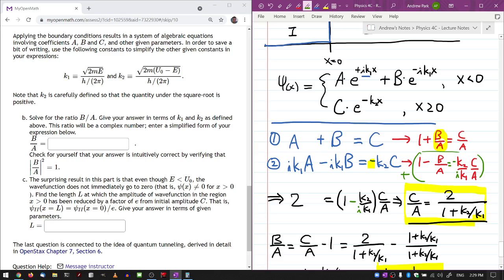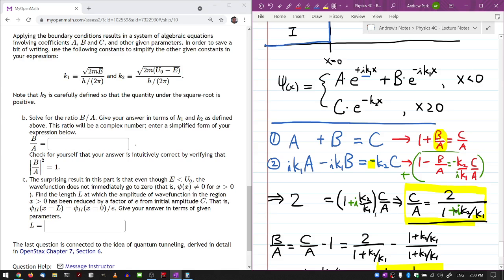So c over a is 2 divided by 1. And really, this minus 1 over i, when you rationalize it by multiplying top and bottom by i, ends up being actually plus i. So let me put that here. It's 1 plus ik2 over k1.